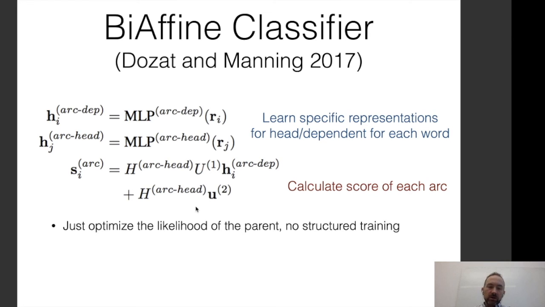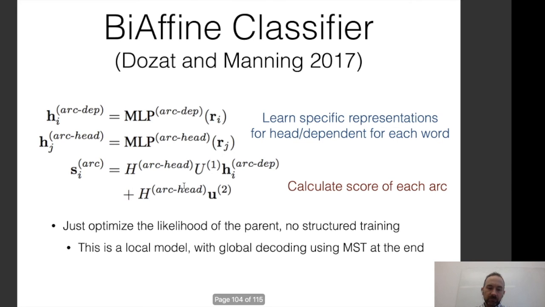How we train this model: we train it as a classifier over the head word of each dependent. Each dependent has a single head word, so we train a classifier to try to maximize the probability of getting the correct head.